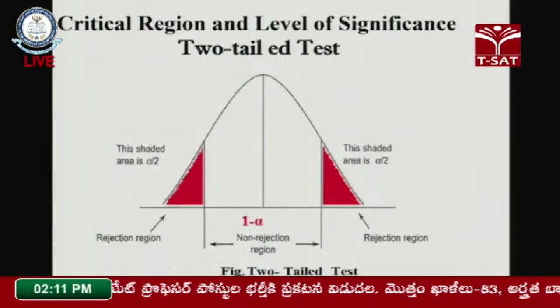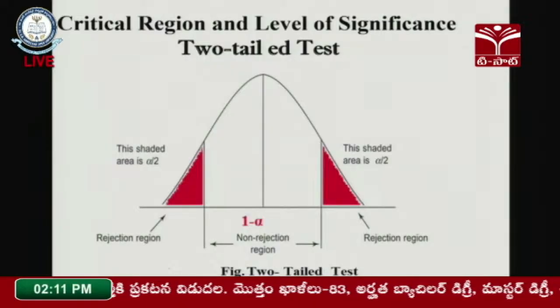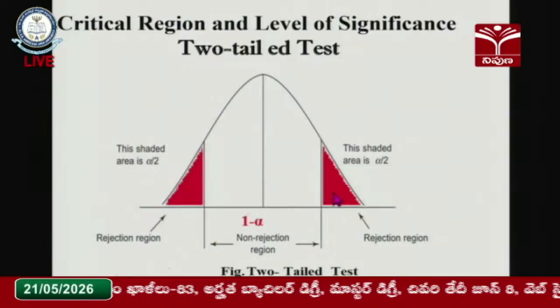So there are possible combinations: either mu is not equal to mu naught, or mu is less than mu naught, or mu is greater than mu naught. These are the possible alternative hypotheses. For the not-equal case, we apply the two-tailed test, as I already said. You can check the red color here: the shaded region shows a two-sided test.